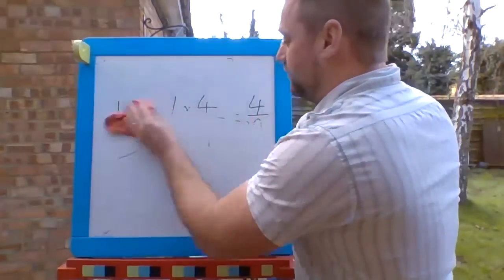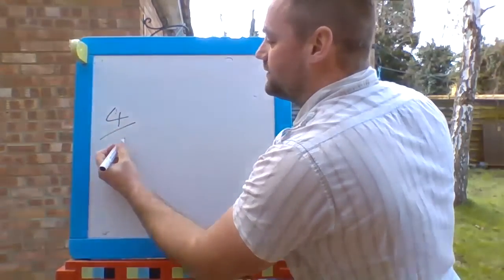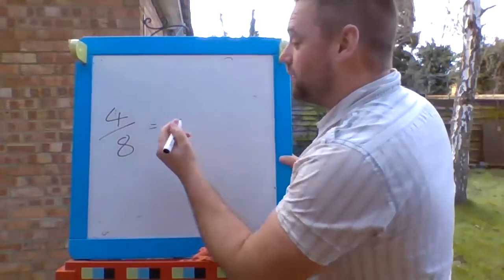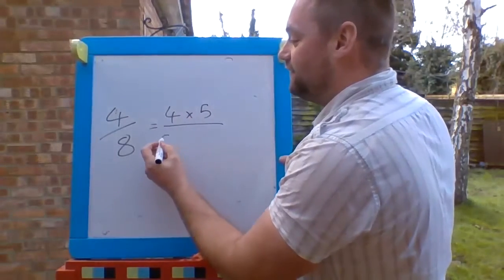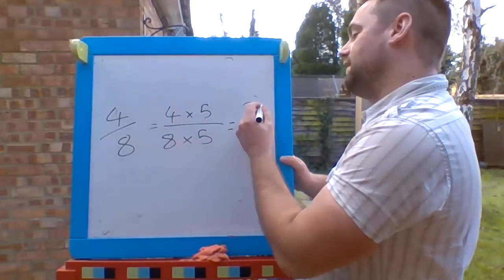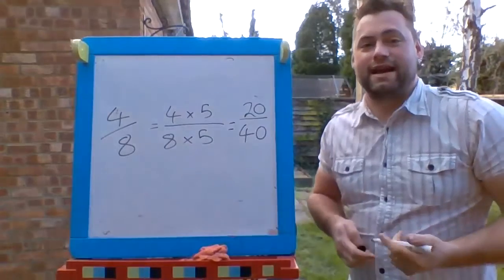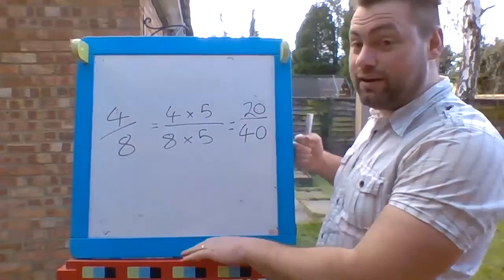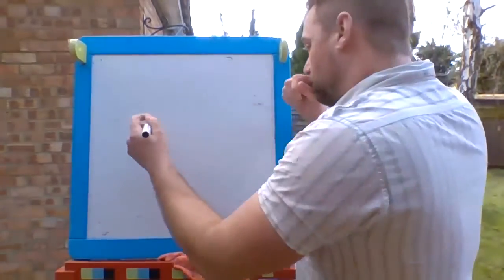Another one, let's do 4/8. Let's times it by 5 if we wanted to. So we could times this whole fraction by 5, and you would get 20/40. 20/40 is the same as saying 4/8. All right, and let's work in reverse then. So they're equivalent.